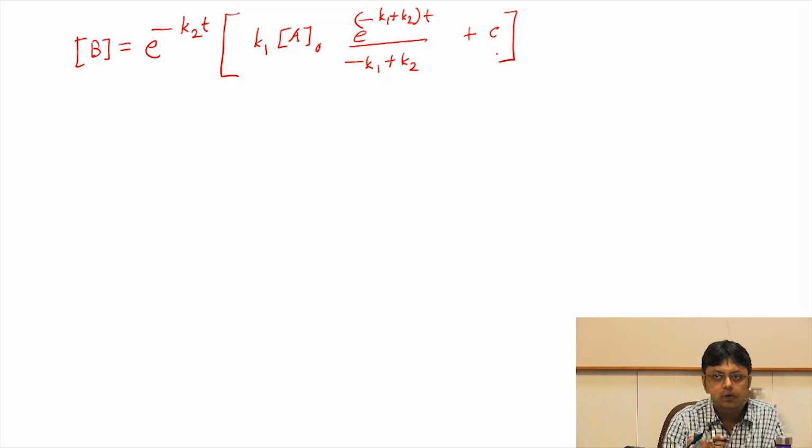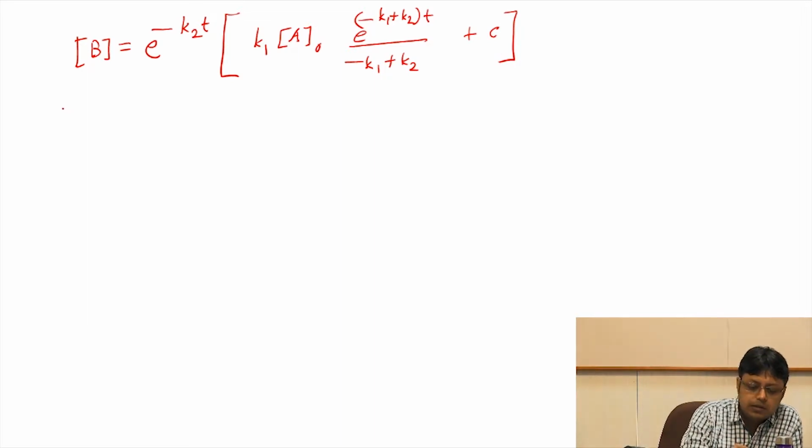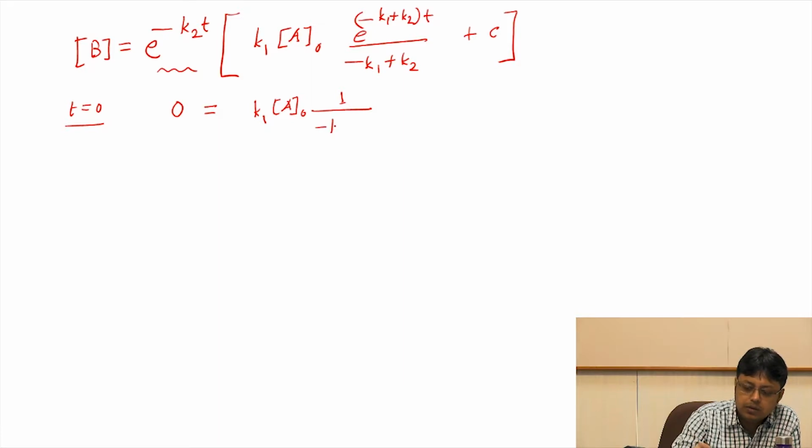Now we can first evaluate the constant. So at t equal to 0, we can figure out the b is 0, because we said that the initial concentration of b is 0. So this thing is also 1, and so what we have here is k1 into a0. This is also 1 because this is now t is 0, divided by minus k1 plus k2 plus c.